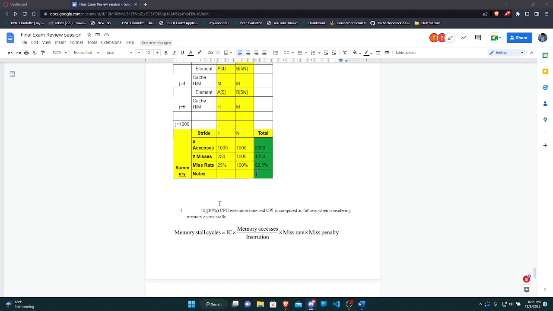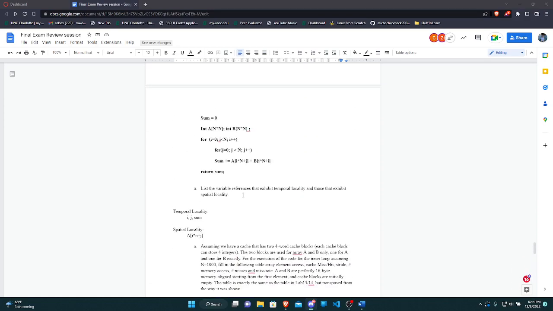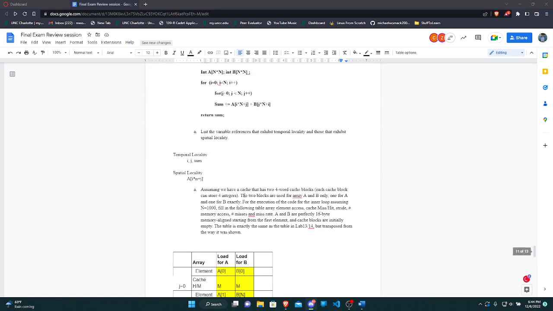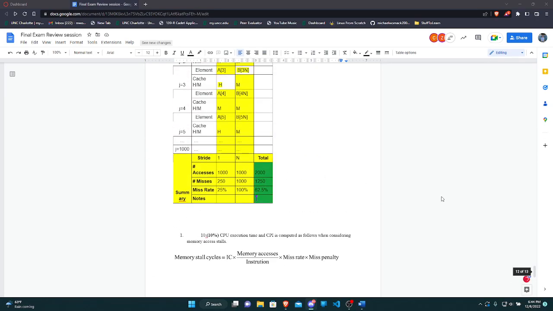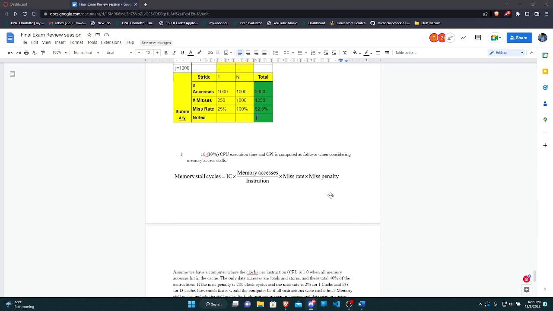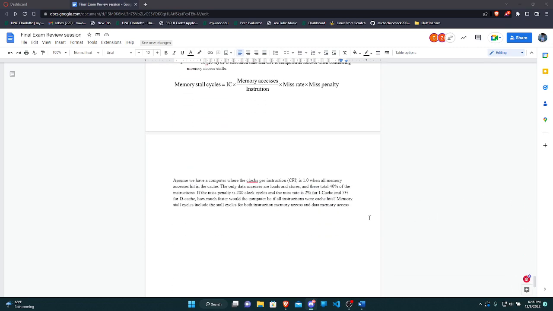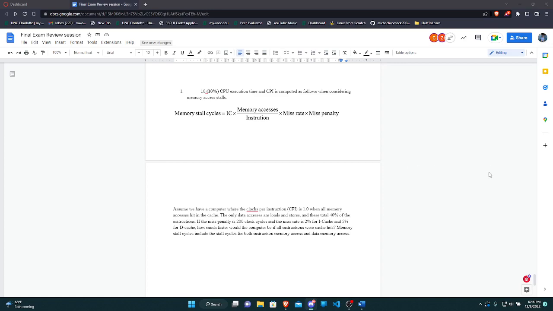Yes. Having a stride of n would mean it would overshoot the cache each time, so that's why it's always a miss. You should have seen something like that when you did your lab. Yeah, that was in the lab. Okay.